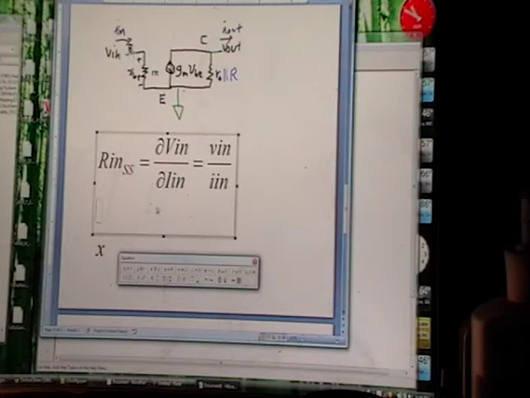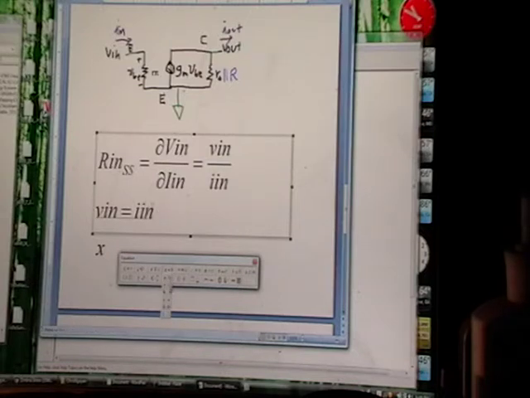So I claim that Vn equals In times R pi.